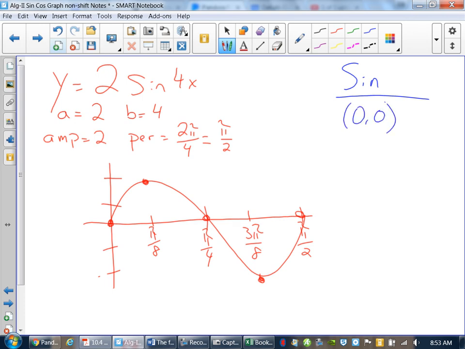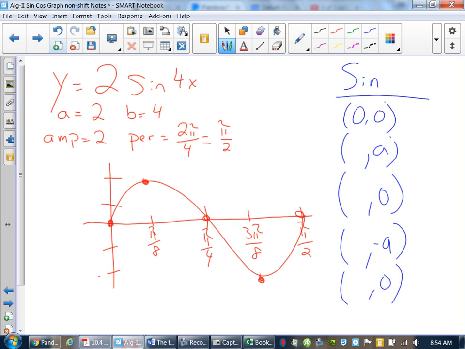The next point will always be whatever 1/4 your period is, but I'm just going to leave that blank, and it's going to go to your A value. The next one's going to be halfway and 0. The next one is going to be 3/4 away and the opposite of A. And the last one's going to wind up at 0.